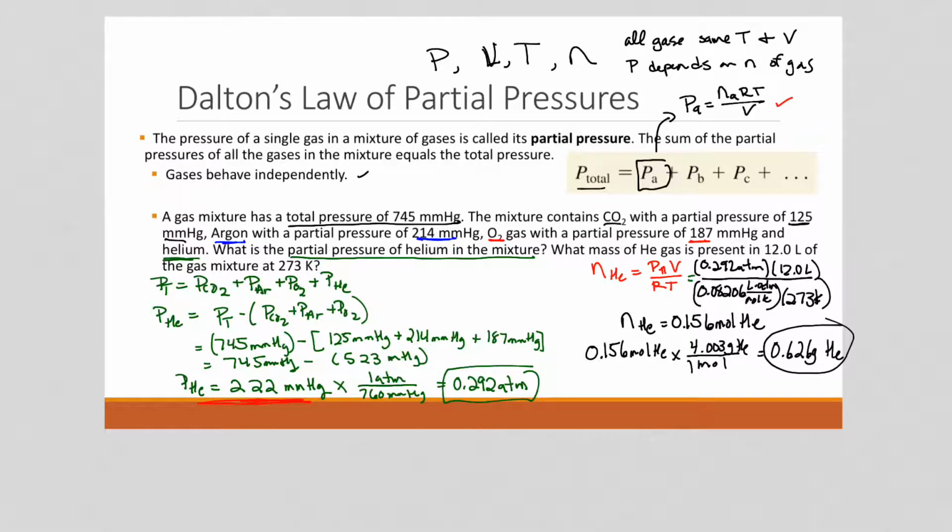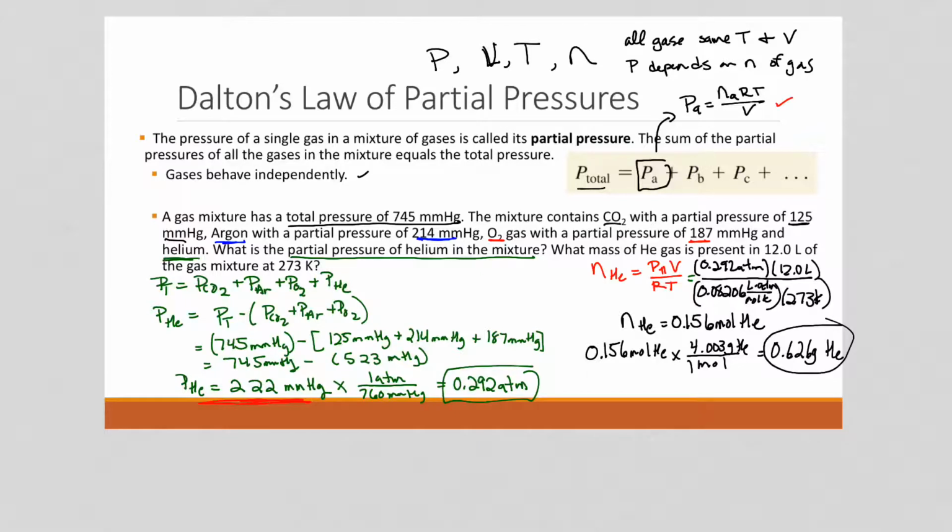So, hopefully this problem shows how we can start putting these pieces together. We can utilize Dalton's law of partial pressure to find the pressure of an individual gas. Then we can use the ideal gas law to figure out some missing property of that gas, in this case, how many moles of that gas are in there. And then we can figure out grams from moles. But we can start to put these equations together.